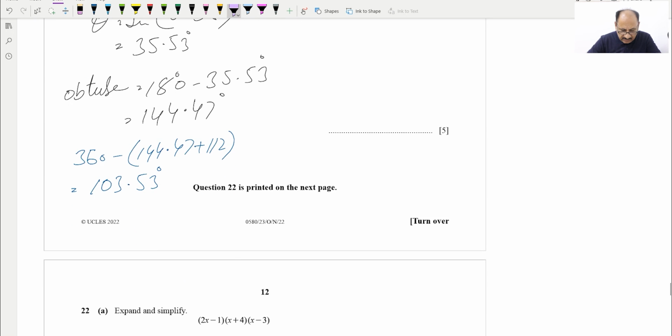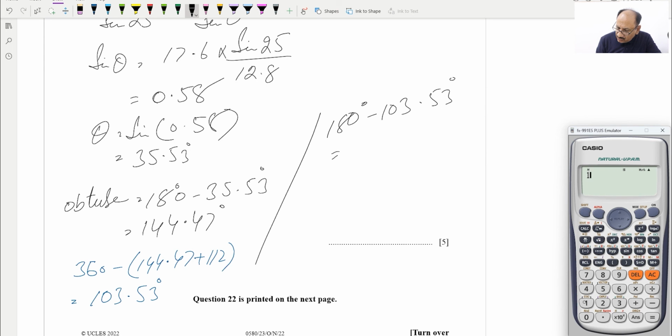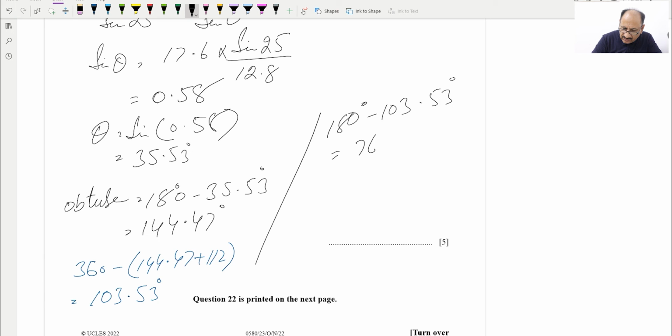So we are saying 180 minus 103.53 degrees, and that will be our answer. So 180 minus answer is giving 76.47.